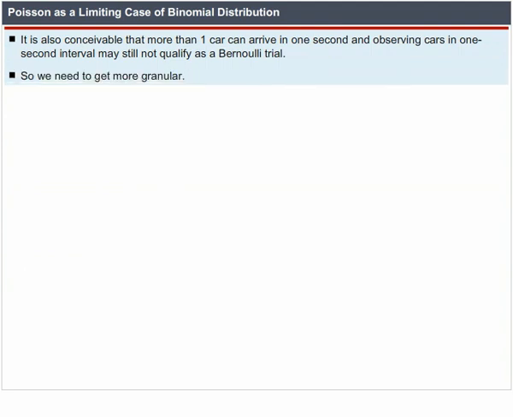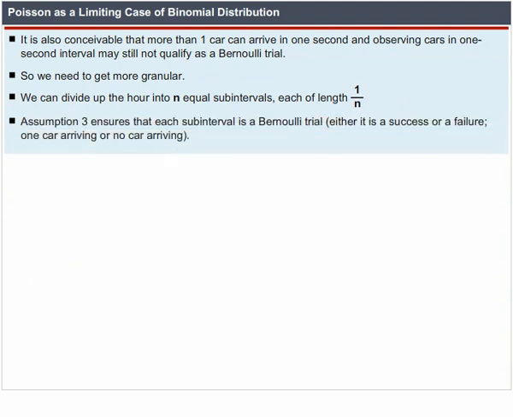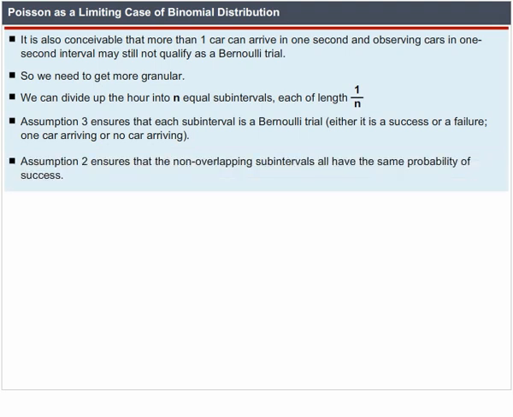We can divide up the hour into n equal subintervals, each of length equal to 1 by n. Assumption 3 ensures that each subinterval is a Bernoulli trial, either a success or a failure, one car arriving or no car arriving. Assumption 2 ensures that the non-overlapping subintervals all have the same probability of success.